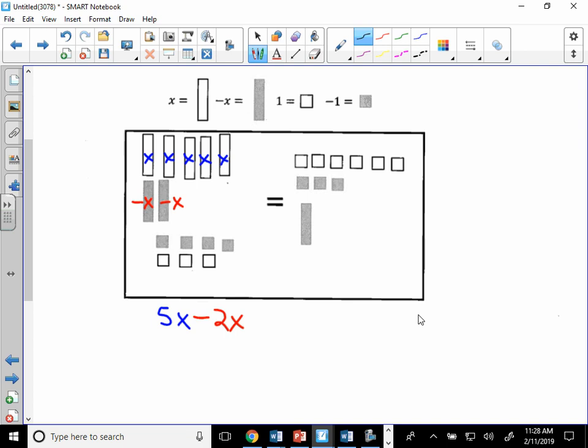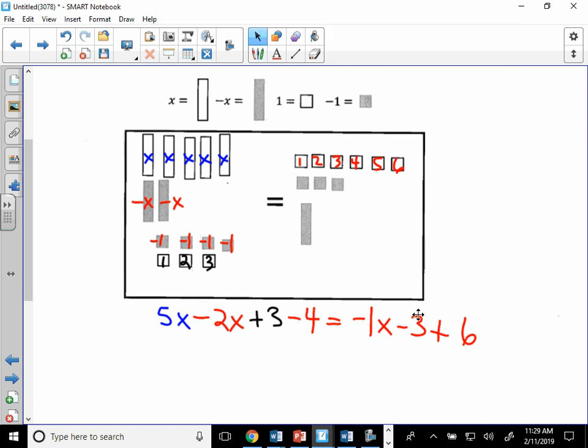Then you have a positive 3 and you have a negative 4. That equals a negative 1x minus 3 plus 6.